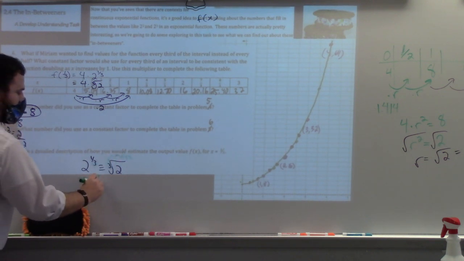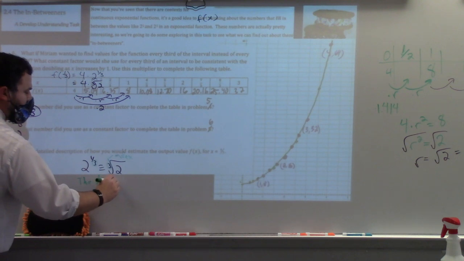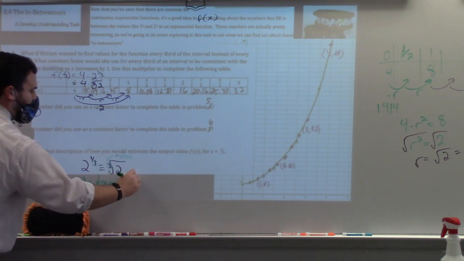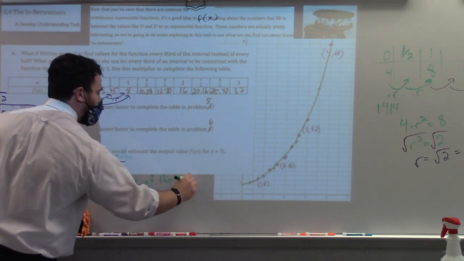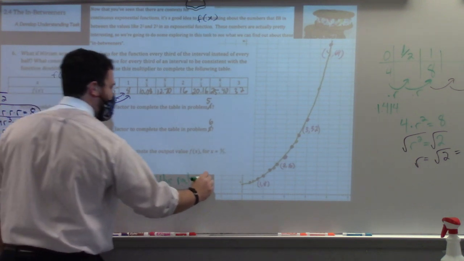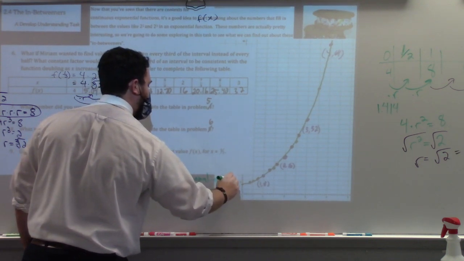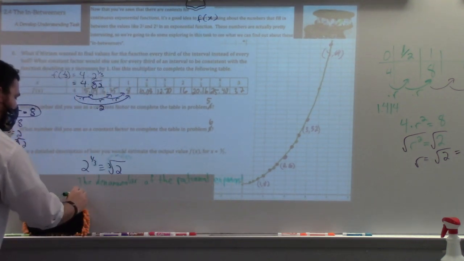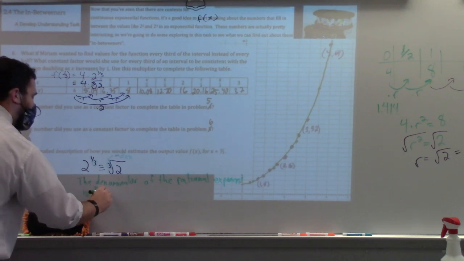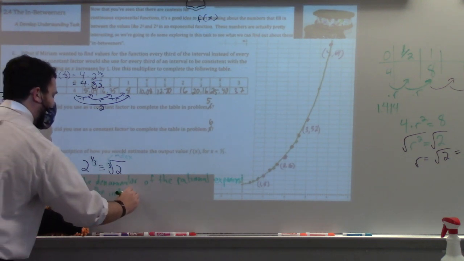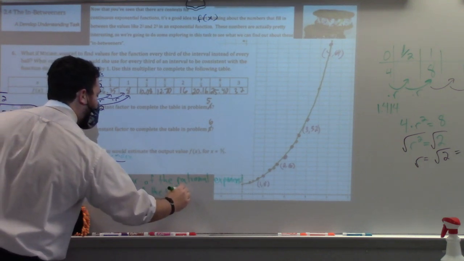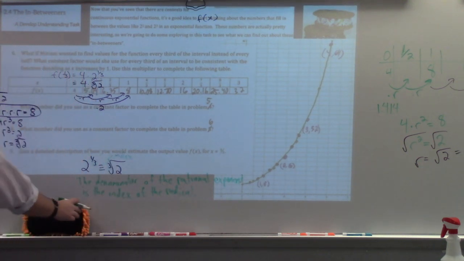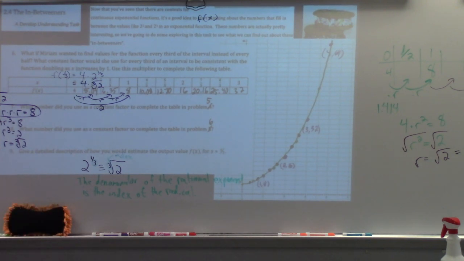So the denominator of the rational exponent is the index of the radical. That tells you which root you're doing. So the denominator of the rational exponent is the index of the radical.